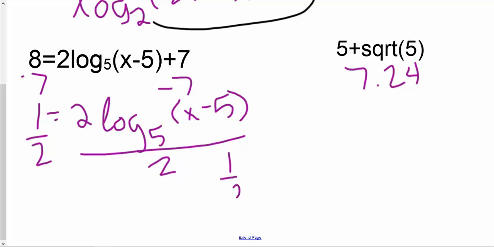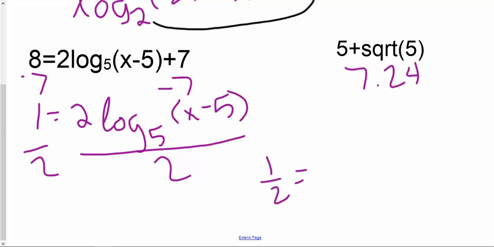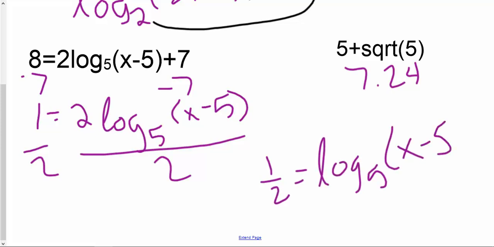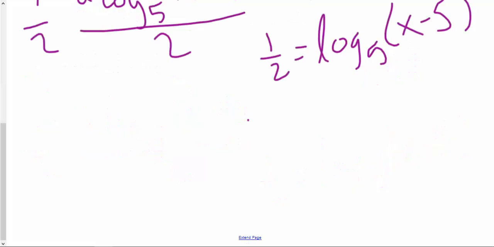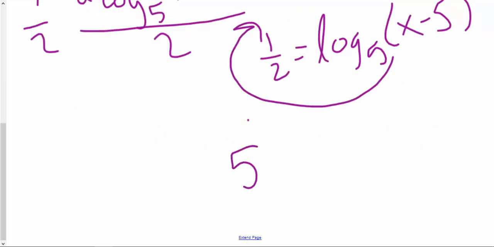So we get 1/2 equals log base 5 of x minus 5. So now again, undoing it, putting in exponential form, that's 5 to the 1/2 equals x minus 5.